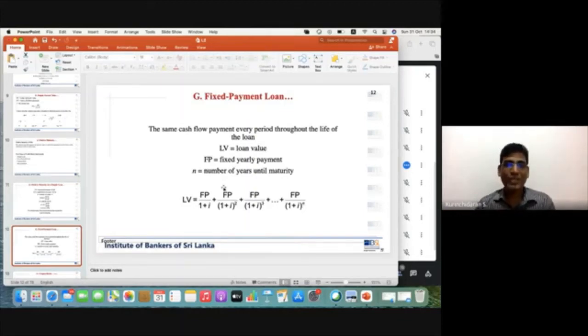What we are saying is how the value of the loan is affected when the interest rate changes, or how the interest rate may be calculated when the value of the loan changes. Is that clear? If you have any doubts, you can ask. I just want to explain this with your banking production experience, so that it might be helpful. If it is okay, we can move on to next.